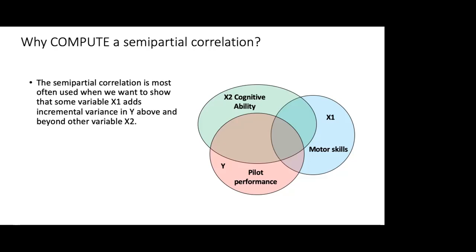And that is exactly what multiple regression is about: does any predictor add variance above and beyond some other predictor? The regression weights are closely related to semi-partial correlation coefficients. They're not 100% identical, but they're closely related.